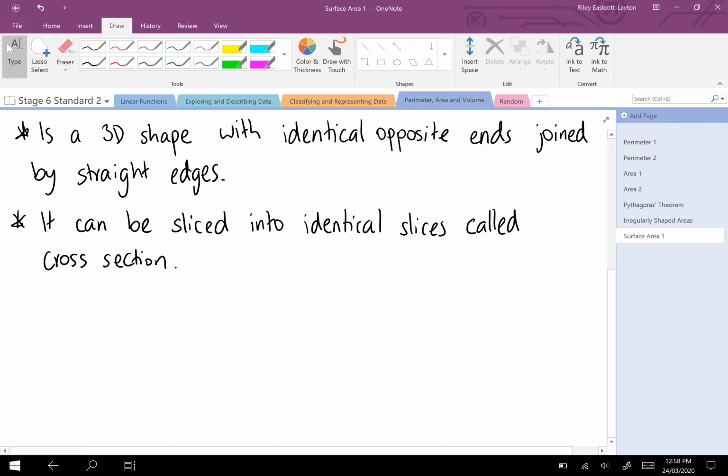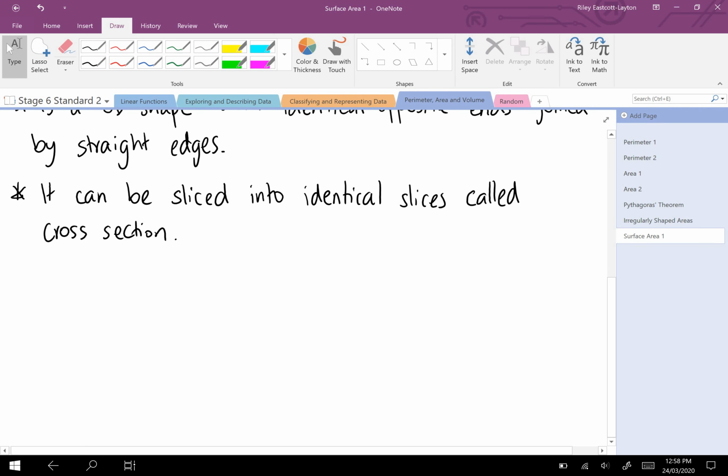So essentially what I mean by that is, let's say that we've got a rectangular prism. Now please bear with me. All right, we've got a cross section, and so what I mean is, if we were to cut it down there, down there, down there, we'd get the same shape each time if we split it apart and had a look at both ends.